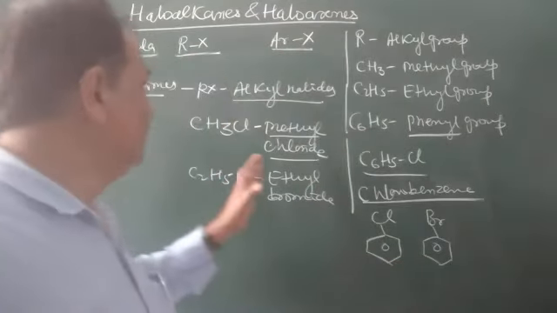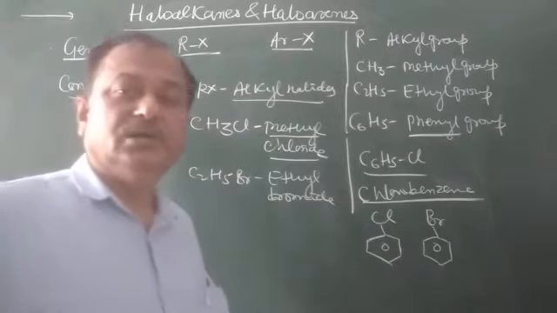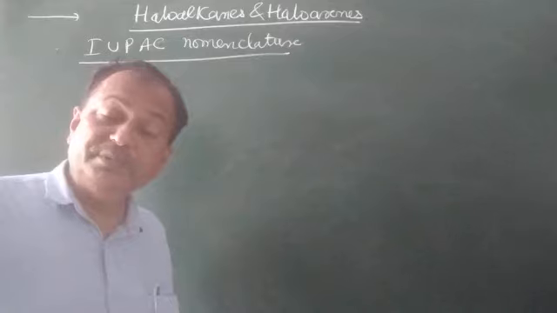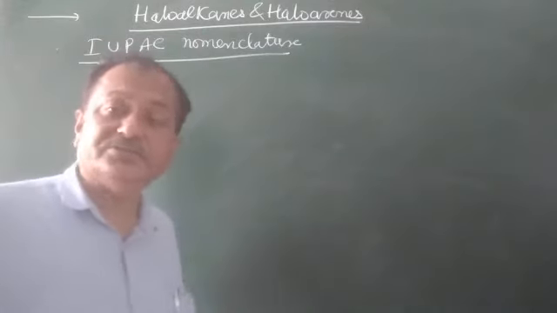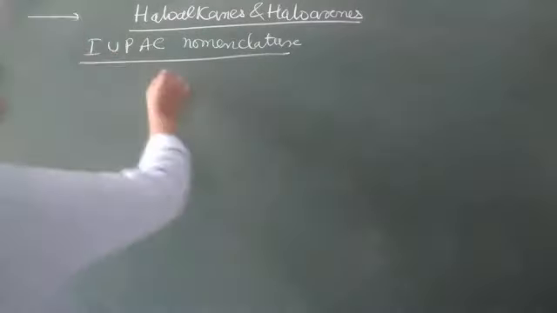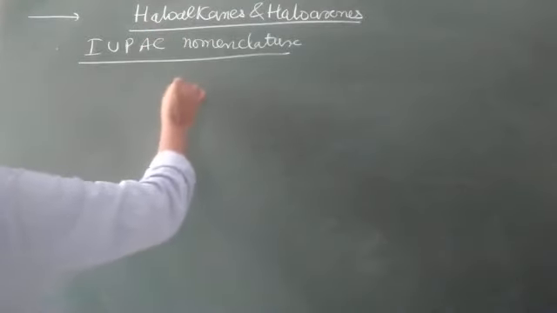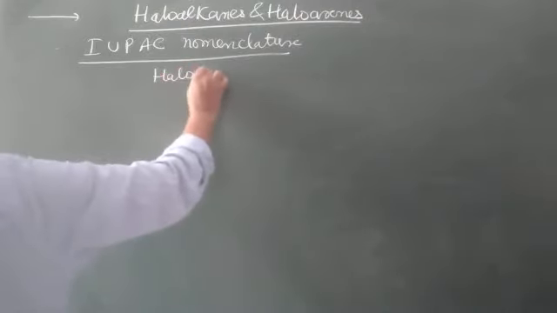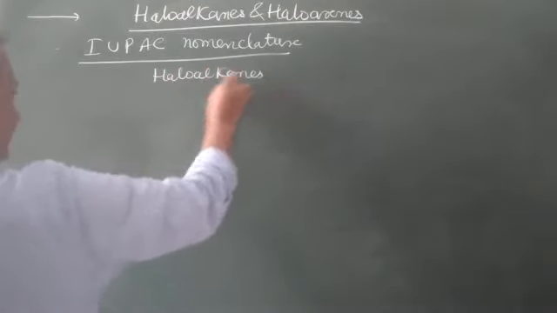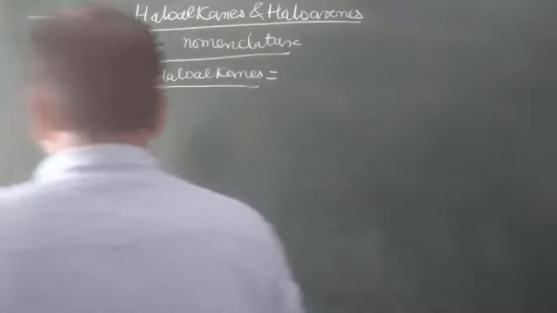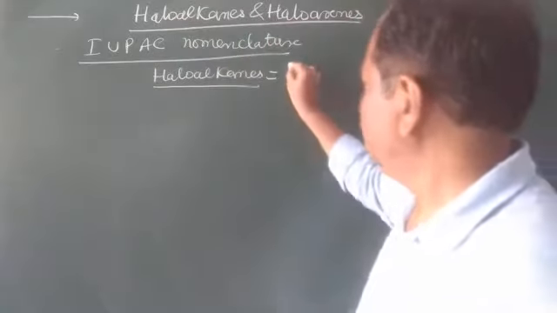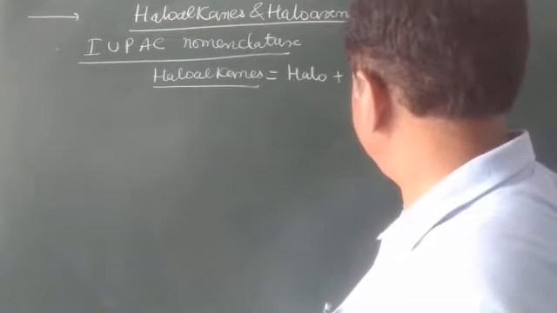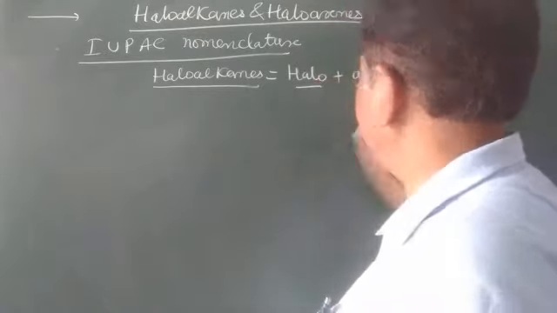So this is the general introduction about the common names. Now coming to IUPAC nomenclature, or scientific naming. Haloalkanes are named as haloalkane, made up of two segments: the halo part and the alkane part.